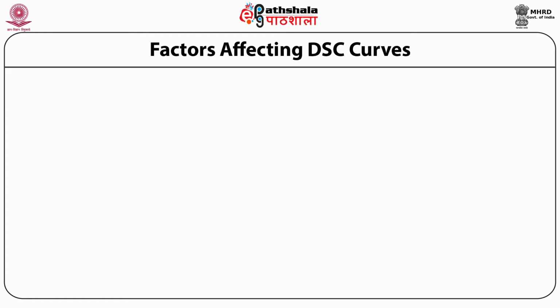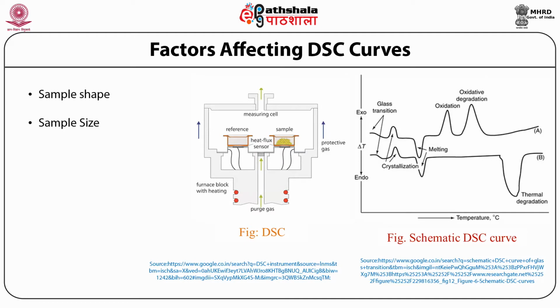Various factors will affect the DSC curve, as given in Figure 6. The shape of the sample has little effect on the qualitative aspect of DSC but has more effect on quantitative analysis. About 0.5 to 10 milligram is usually sufficient.